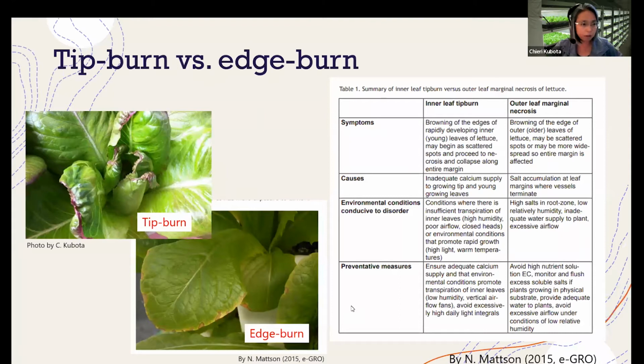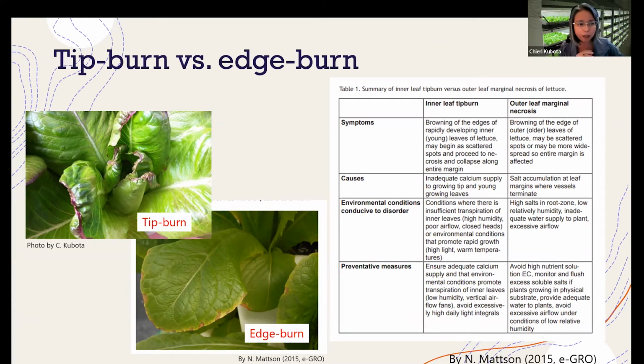Neil Mattson from Cornell University wrote an excellent extension article in eGrow in 2015, talking about the difference between tipburn and edge burn. I call it edge burn, but I think he called it outer leaf marginal necrosis. Some people call that tipburn also, which is where the confusion comes from.